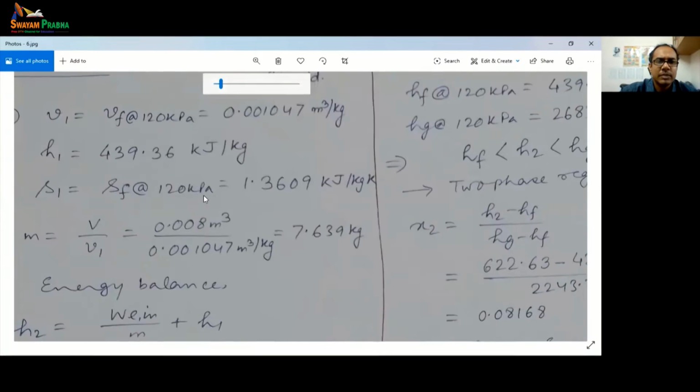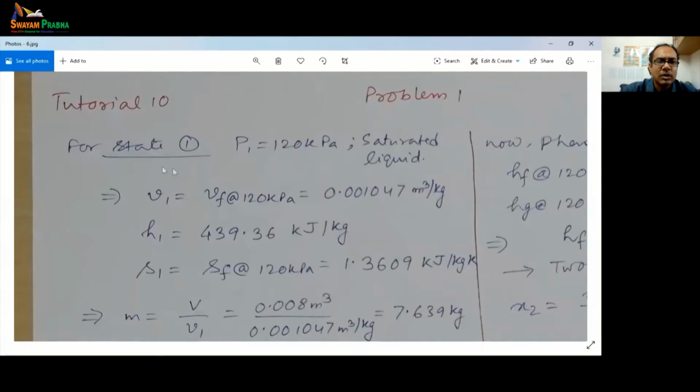Zoom this out a little bit. Okay, so now for state 1, what is given? The pressure is given as 120 kilopascal, and it's saturated liquid. At this condition you can look up the specific volume, that is the saturated liquid specific volume at 120 kilopascal.